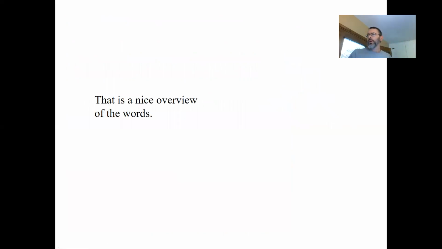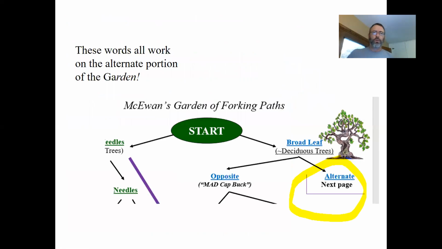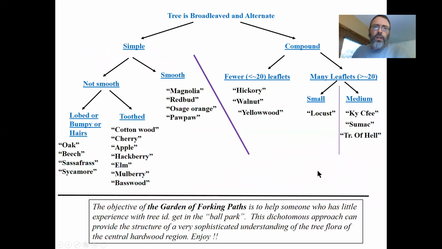Okay, so this is a nice overview of the words. These words all work on the alternate portion of the garden. So at the top of this, we went broadleaf opposite. If we go alternate, we flip the page over, and we'll see this when you're in the field. That's this bit on the back side, or the second page. We have the same words again: simple, compound, smooth versus not smooth.